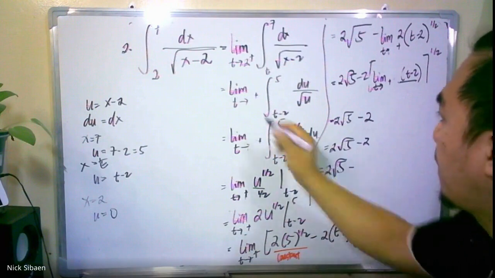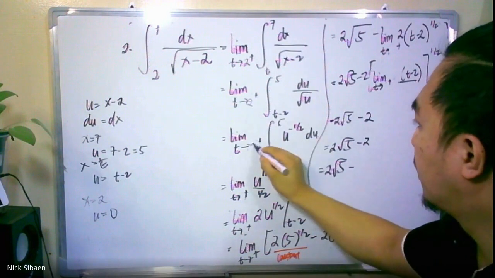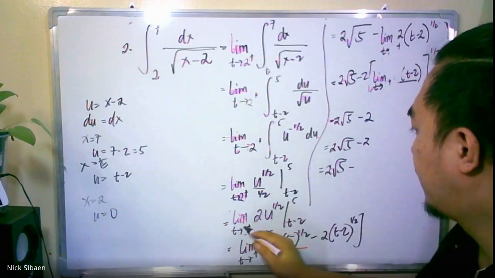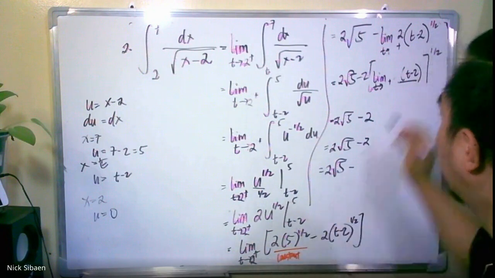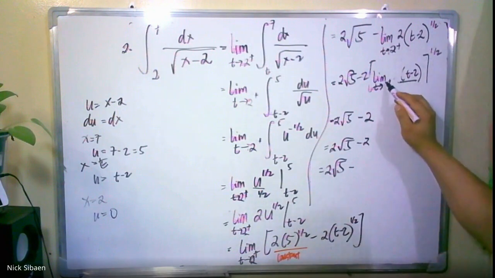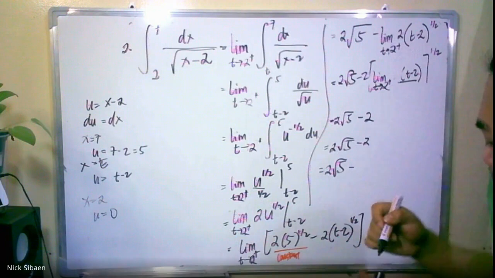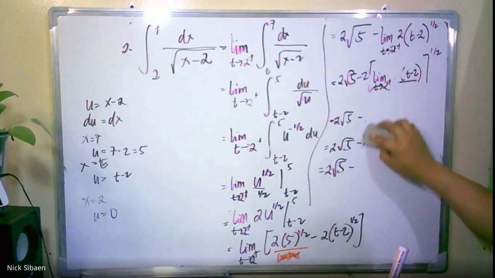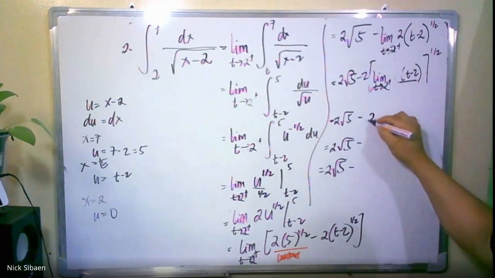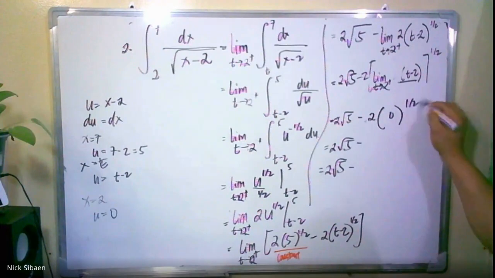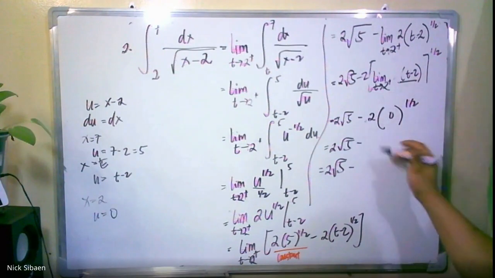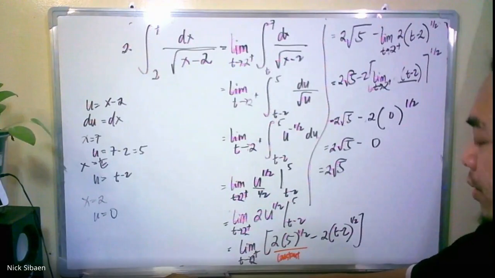Magiging 2 yan. Sakto lang. So, magkakaroon tayo ng 0. Tama ba? 2 minus 2. So, 0 yan. Yes, sir. Actually, that's the correct answer. 2 square root of 5.